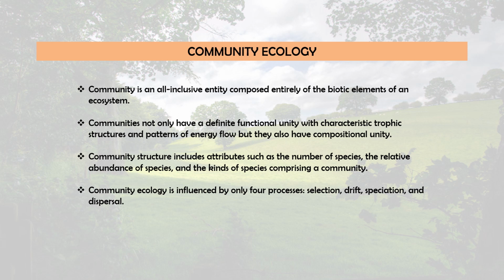This means that one can recognize a community type that has a relatively constant composition, and communities have a tendency toward dynamic stability. That is, the balance or the steady state tends to be restored once it has been upset. Thus, the community shows self regulation or homeostasis.